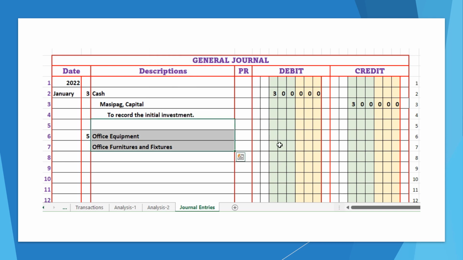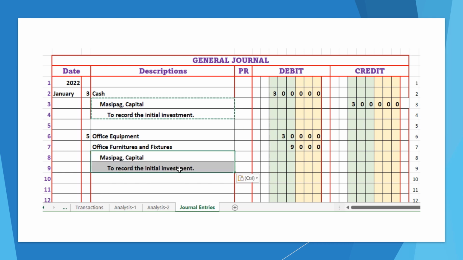Okay, so 30,000. And then the office furniture and fixture is 9,000. Okay. And then we can copy this one and then we are going to edit the explanation.